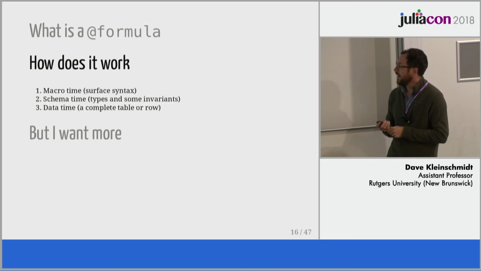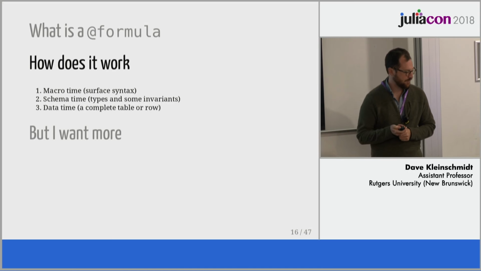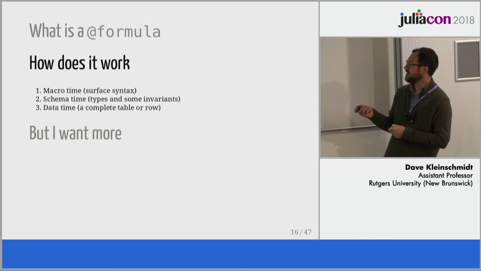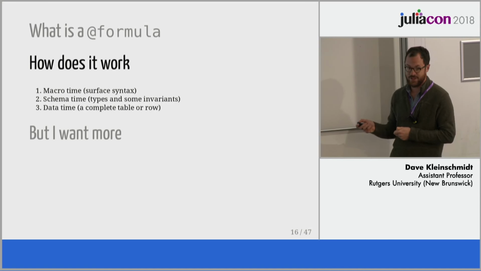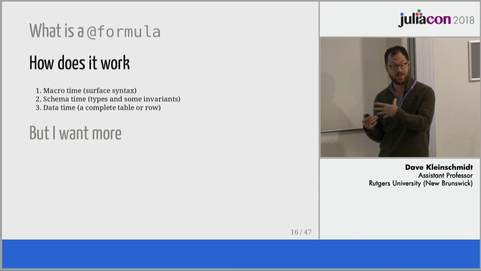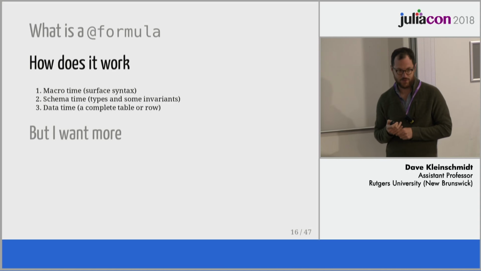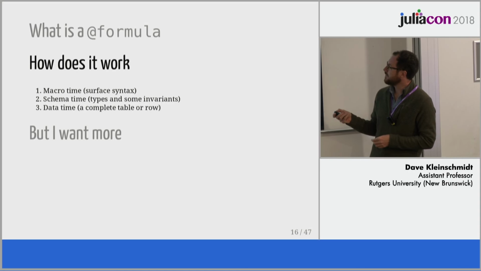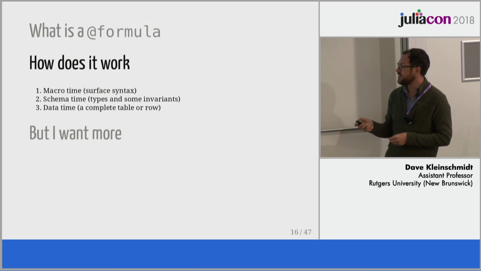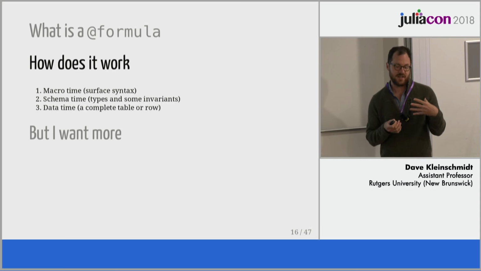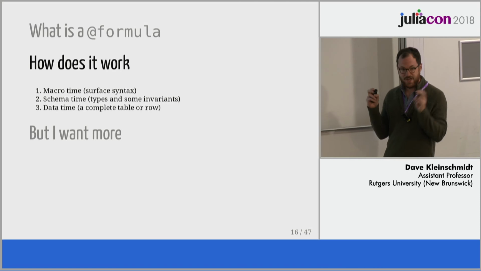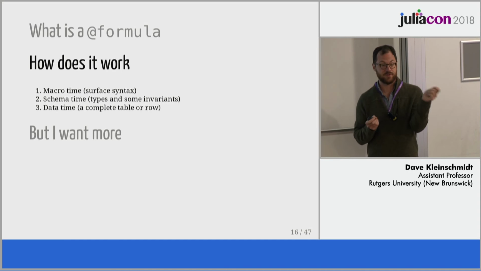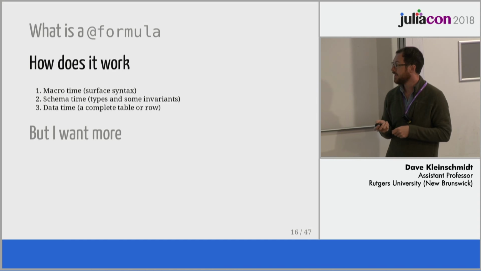Now let's talk about how we actually implement it in Julia. And this is the innovation in the next generation formula language, Terms 2, son of Terms. So there are three stages here, and each stage does something distinct, and each stage is customizable and individually composable, right? So there's a macro time stage, which is just transformations of the surface syntax, based on the expression.